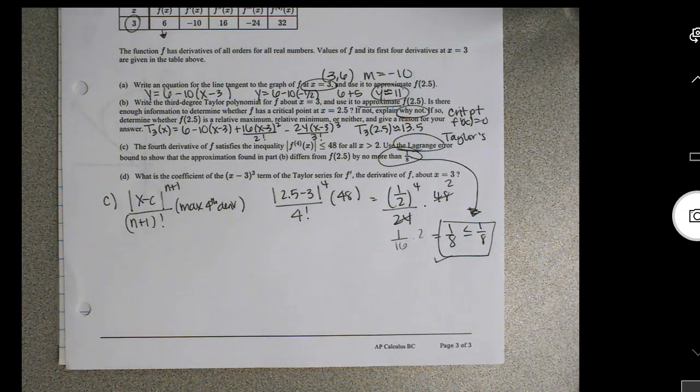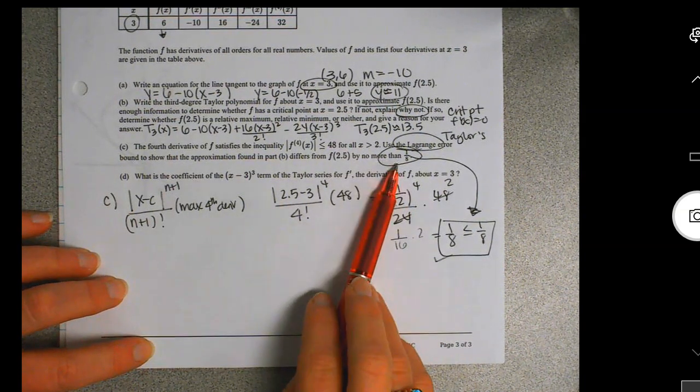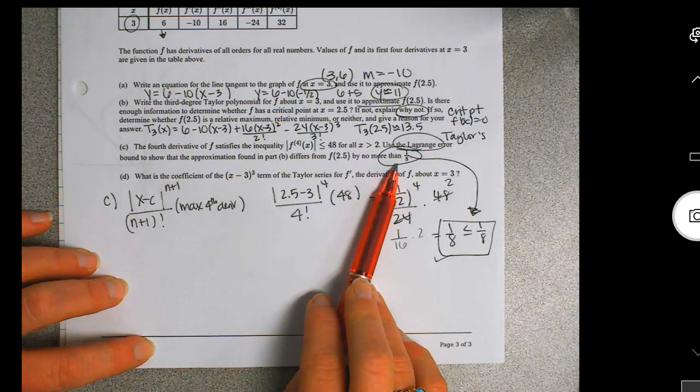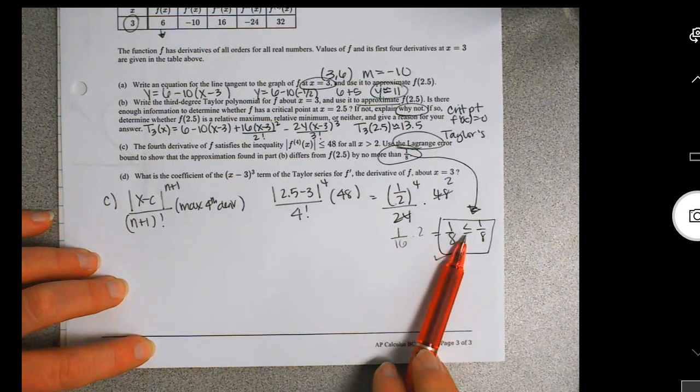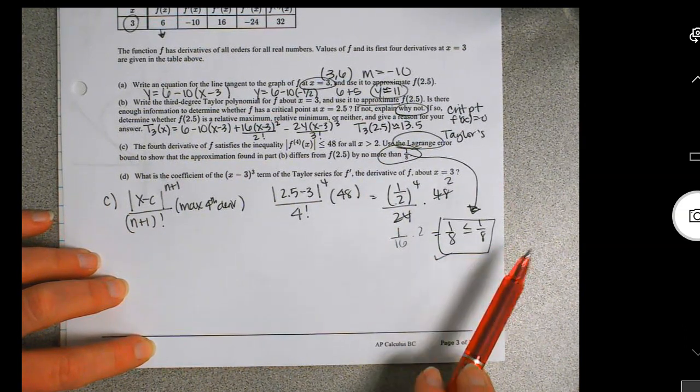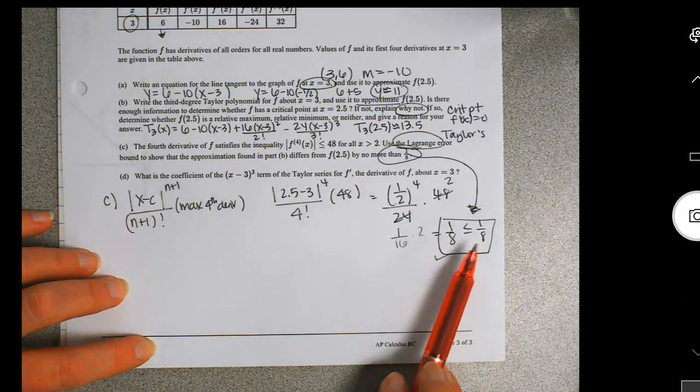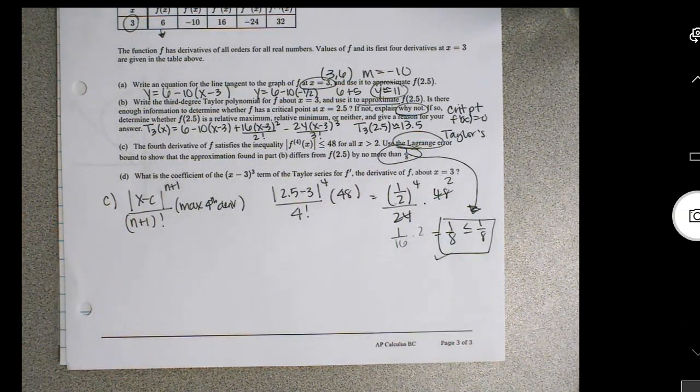So you want to actually pull out whatever they say here. If they just said 1/4, we would have said 1/8 is less than or equal to 1/4. So whatever they ask for, you want to show at the very end that you're comparing what they gave you in the problem to what you got in your show.